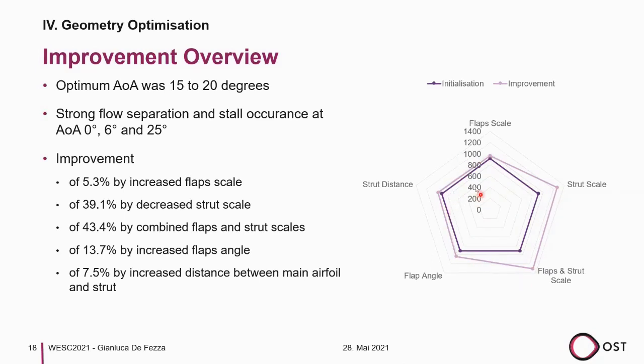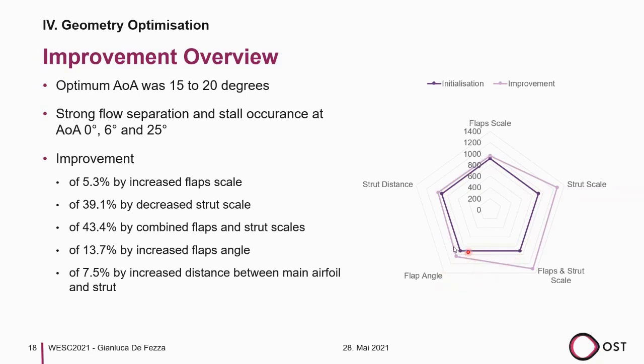We see here that the flap scale is only little improving, by 5.3%. We have a big improvement in decreasing the strut scale, by 39.1%. We have an even better improvement by combining the flap and strut scales. So when we decrease all the scales of them, we could improve LPR by 43.4%.